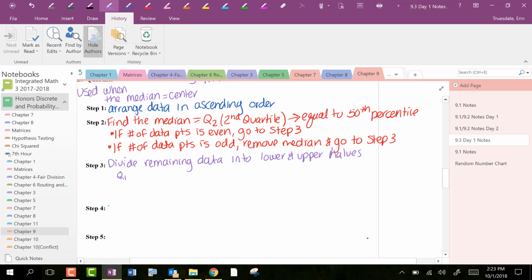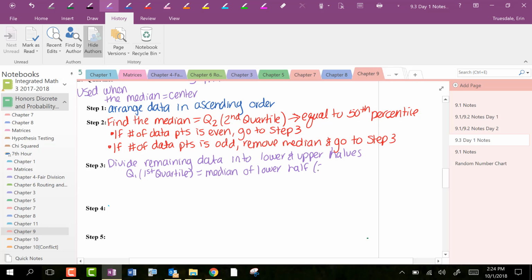Q1 is the first quartile, and that's equal to the median of the lower half. It's a lot of writing, but it's really not that complicated once you start. There's just a lot of steps.